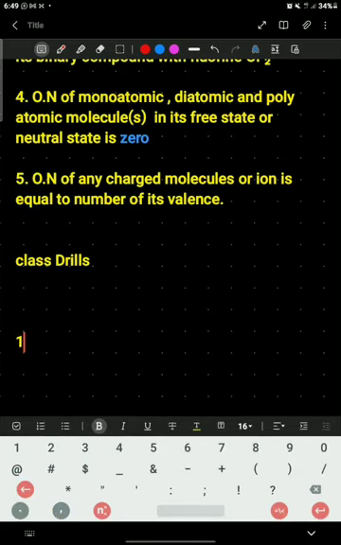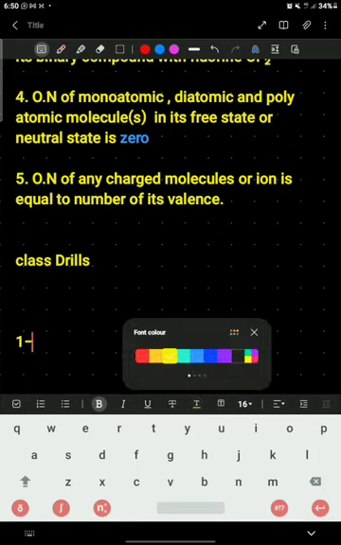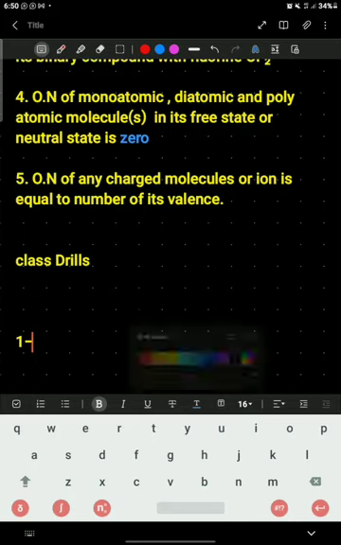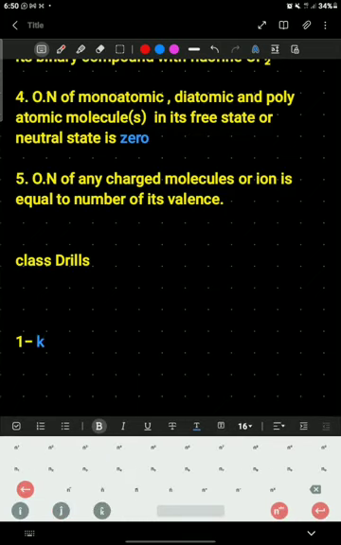So number 1. You have to find the oxidation number in the following.